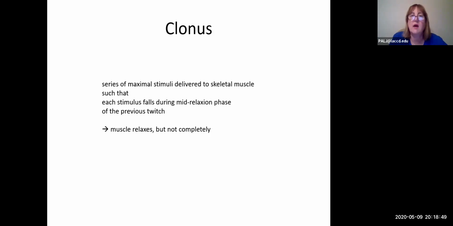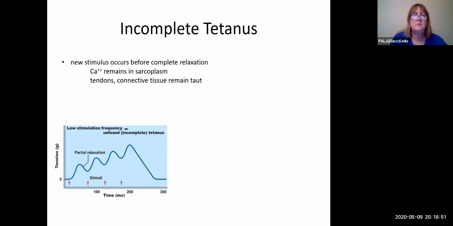So the first type of clonus is called incomplete tetanus, okay? And so when you look at this, this basically is a bunch of wave summations happening. The red arrows are showing the action potentials and the blue is showing the tension. So we have a wave generated from the first action potential. We're in the middle of relaxation. We have a new stimulus.